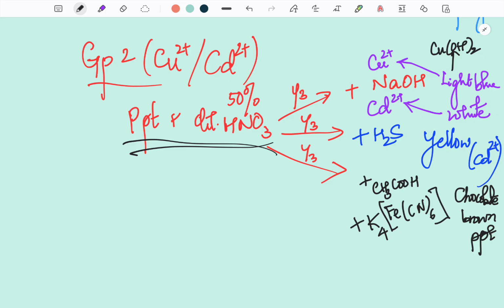That coloration is because of the formation of a complex which is [Cu(NH3)4](OH)2. Now [Cu(NH3)4] is a coordination entity, so I have enclosed it in square brackets, and the hydroxide ions are acting as counter ions. Now this is known as tetraamine copper hydroxide. Tetraamine copper hydroxide.